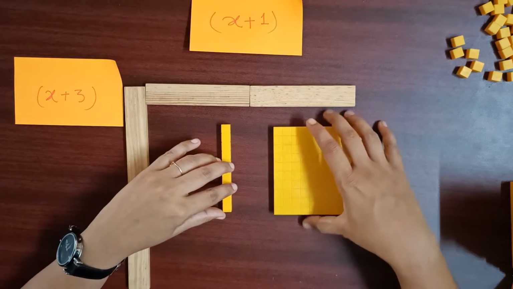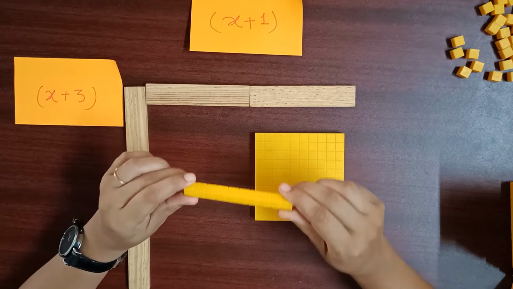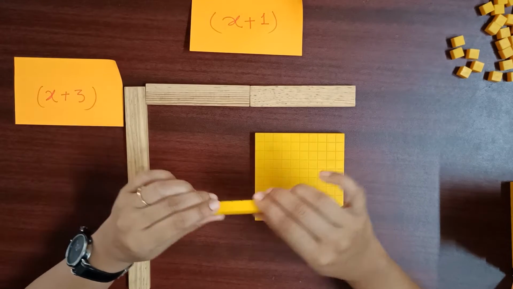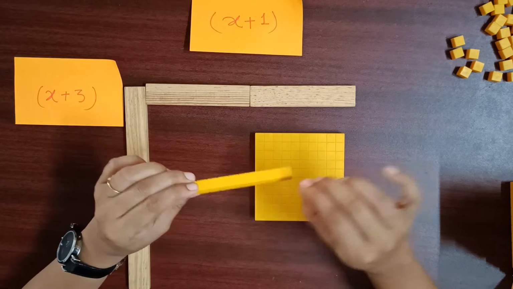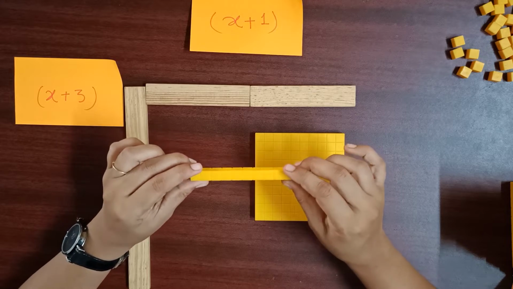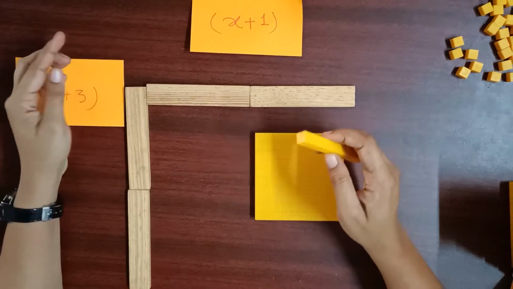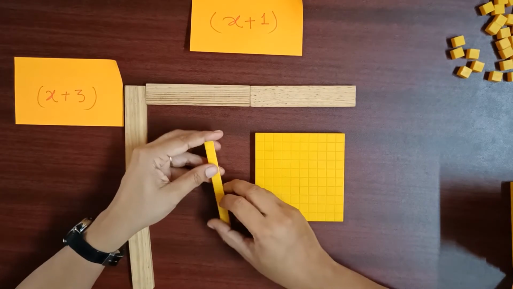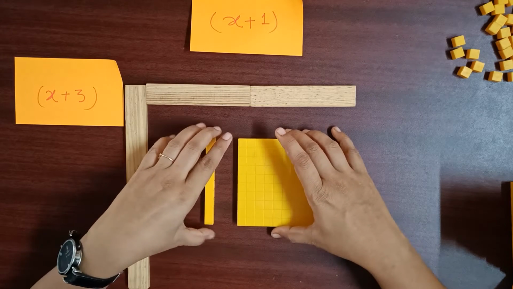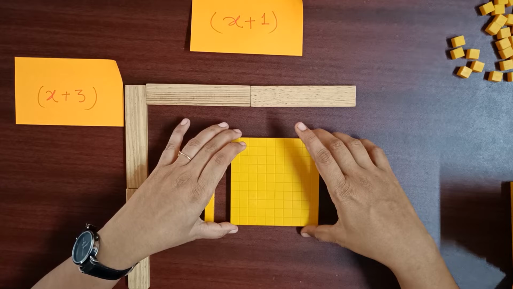But for the rod, we are going to call each rod x instead of 10. Why? Because we are going to assume that the value of the rod is unspecified. We are assuming this in order to understand how two algebraic terms can be multiplied. And this flat, we are going to assume that the value of each flat is x square.